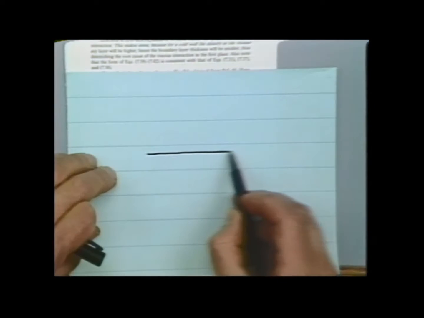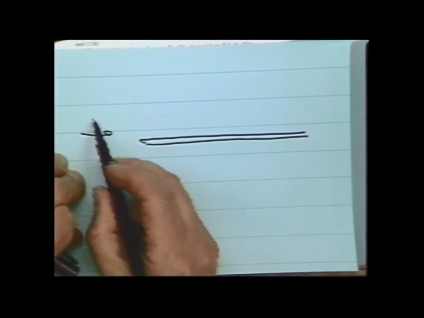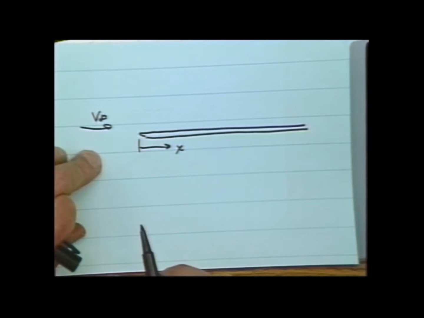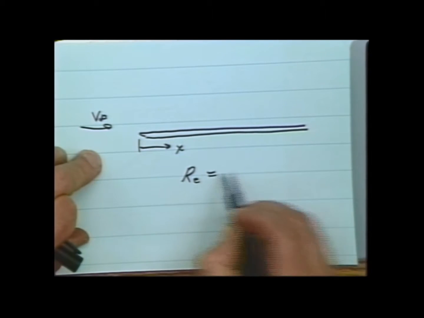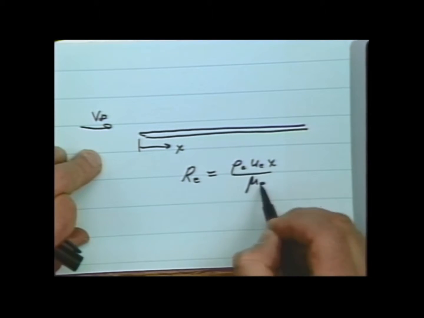And let me remind you again, what is chi-bar? M infinity cubed over the square root of the Reynolds number times the square root of C, the rho-mu ratio. One way to interpret this kind of picture is as follows. Imagine you have just a single flat plate, with some free stream, say V infinity, and X is measured from the leading edge. Remember that the Reynolds number is equal to the density times the velocity times X over mu.